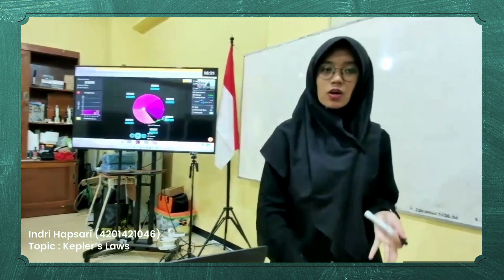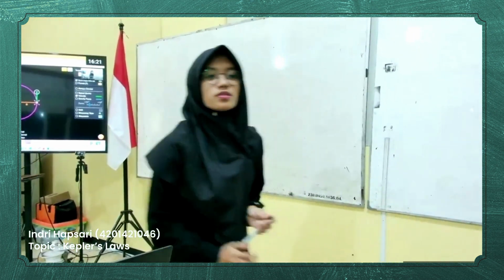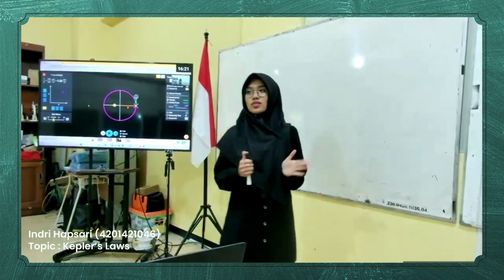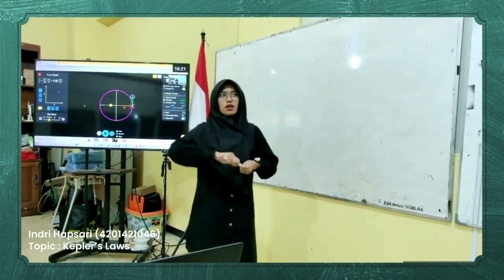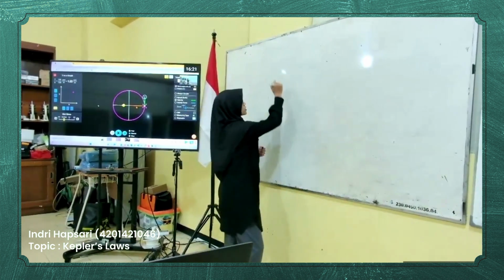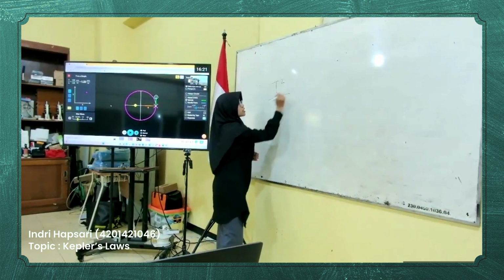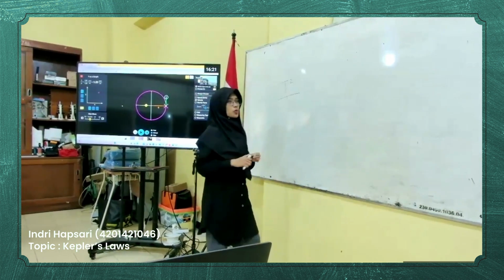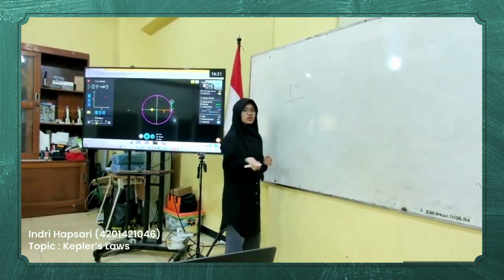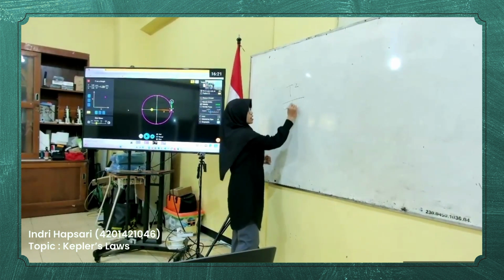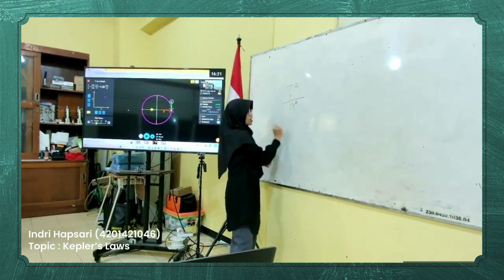Okay, this is Kepler's second law, and next we go to Kepler's third law. Kepler's third law states that the square of the orbital period, or T squared, is proportional to the cube of the semi-major axis of its orbit, or a cubed.